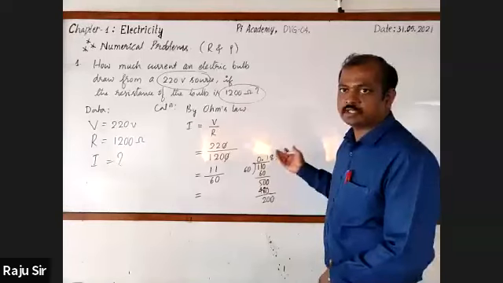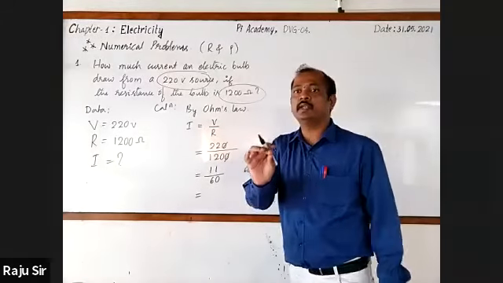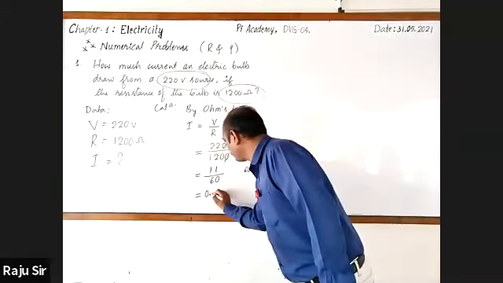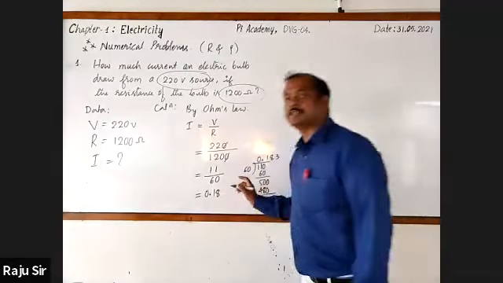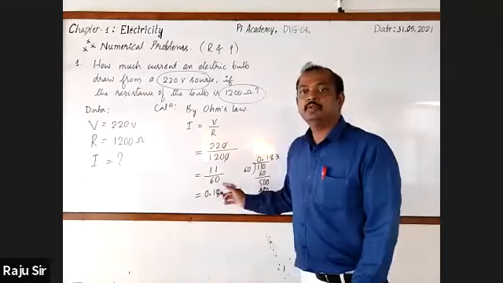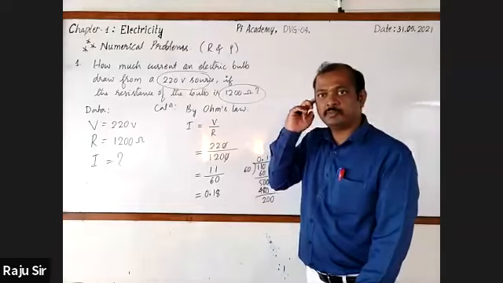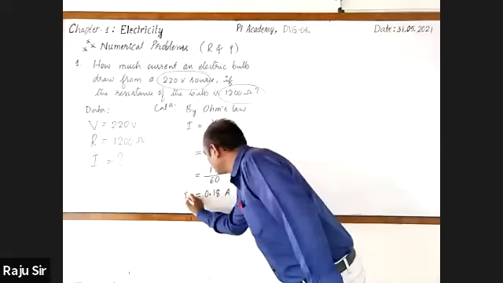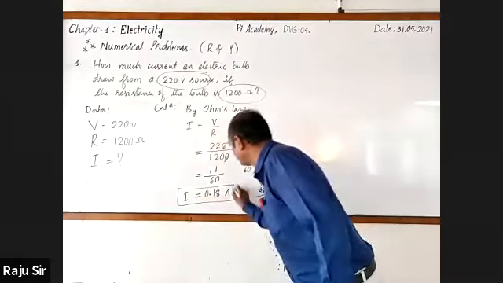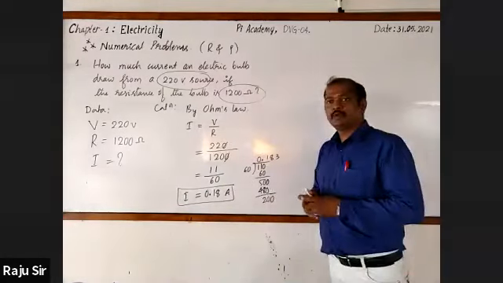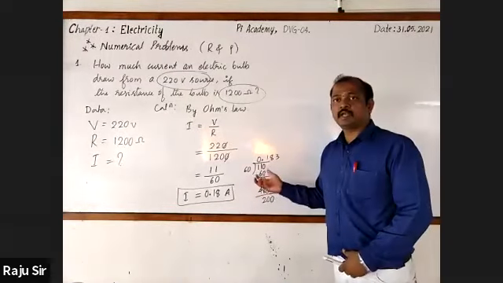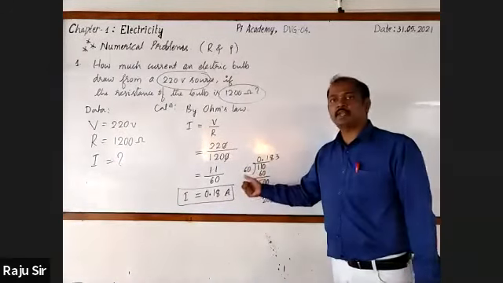Approximately you can write just 0.18. It is an approximate value. The unit is ampere. So this much electric current is drawn by an electric bulb.